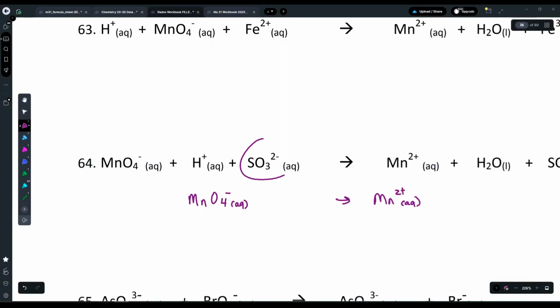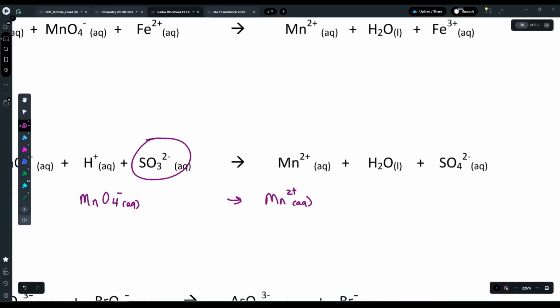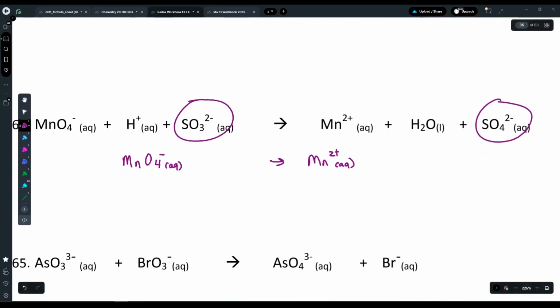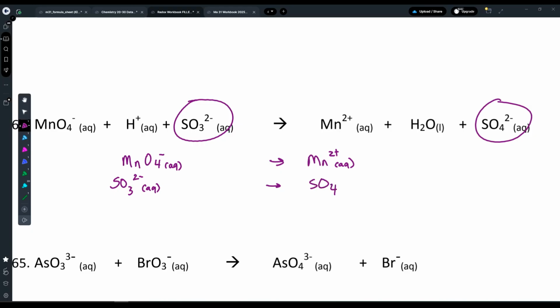Okay, and then sulfite and sulfate, they look pretty similar. So again, I'm lining up these reaction arrows just to make it easy to see what cancels out.